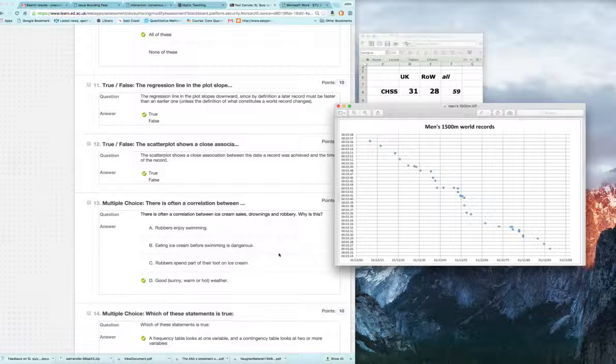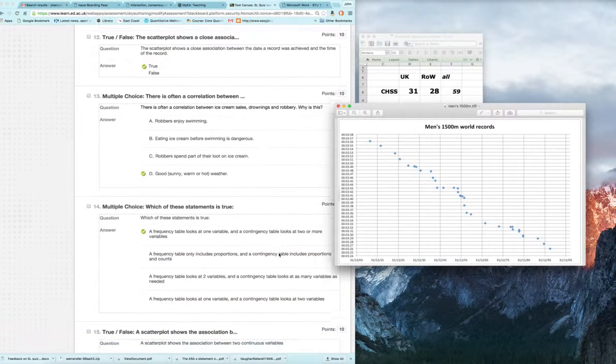Hot, sunny weather, people go in for a swim in lakes or the sea, and some of them, unfortunately, will drown. And in hot, sunny weather, people enjoy ice cream. But we cannot say that eating ice cream makes you drown or commit robbery, or that robbers enjoy swimming and all the rest of it.